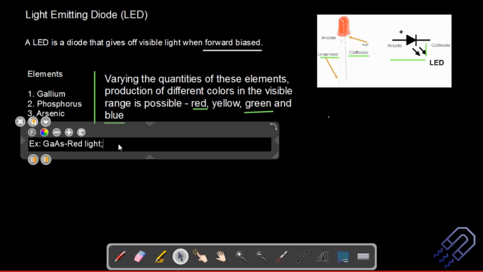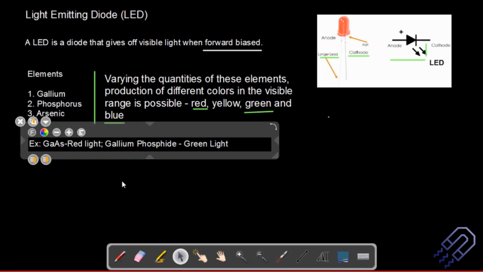So if you have a red light LED, you are sure that more or less the important components are gallium and arsenide. And then if you take gallium phosphide, chances are that we are going to get green light. So once we have red and green, you can combine them.